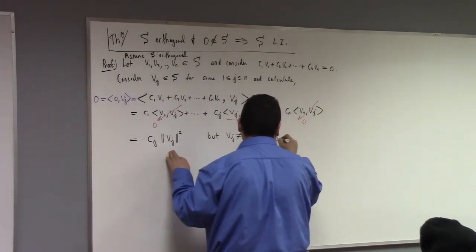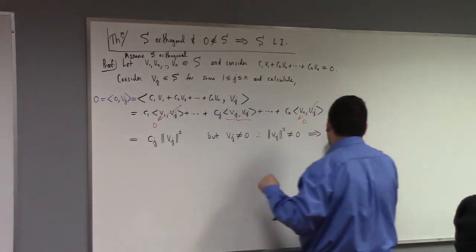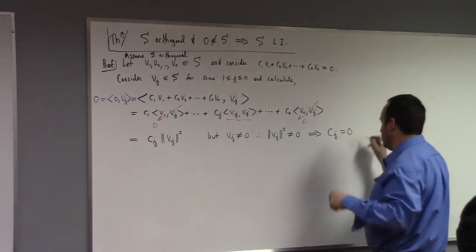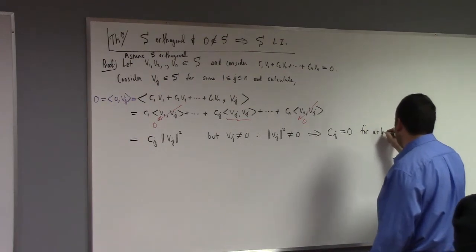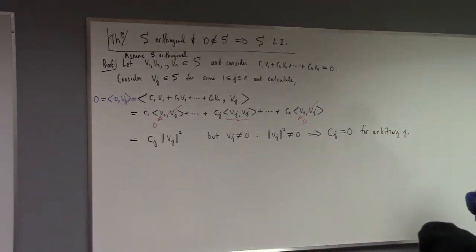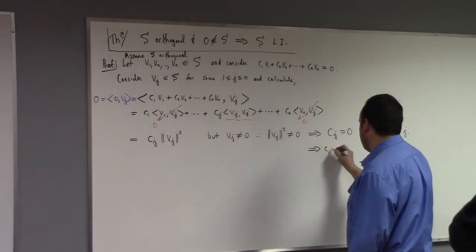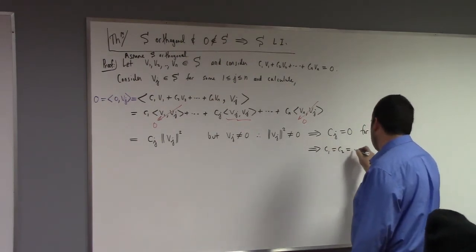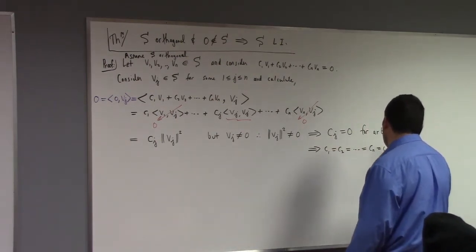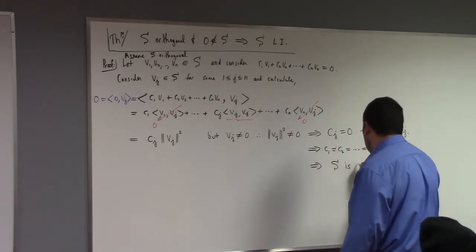So that means that the length squared of vj is also not equal to 0, which implies that cj is equal to 0 for arbitrary j. Right, so therefore c1, c2, ..., cn are all 0, which of course gives us that S is linearly independent.